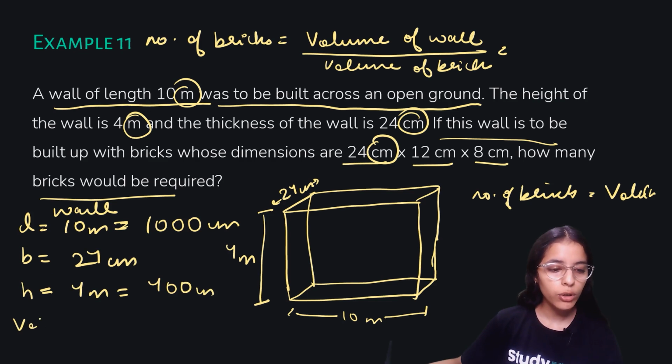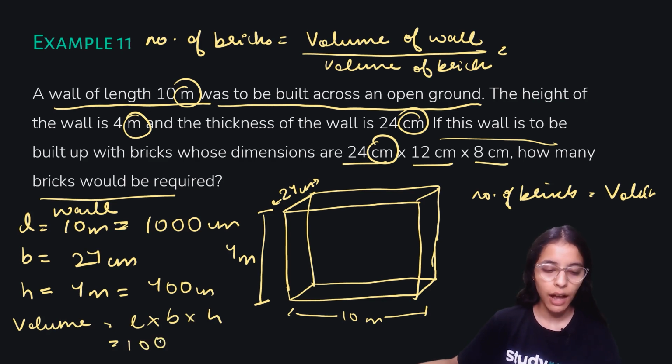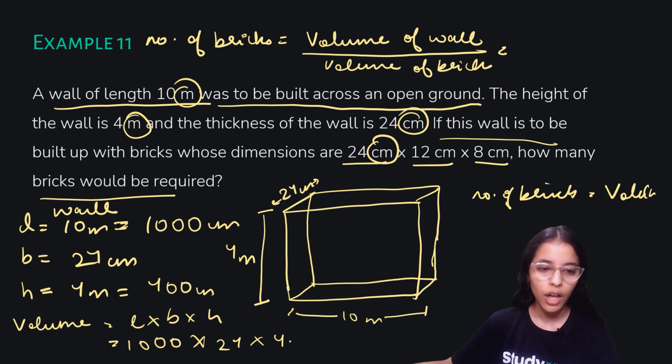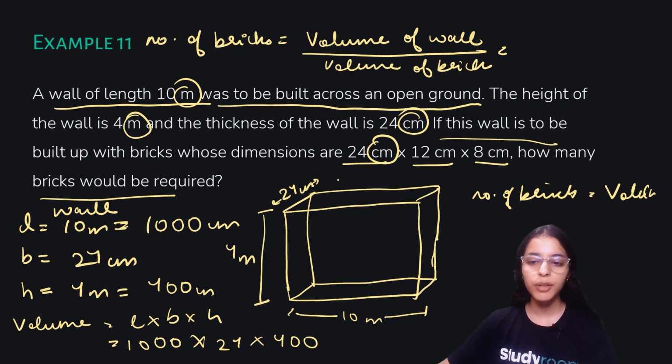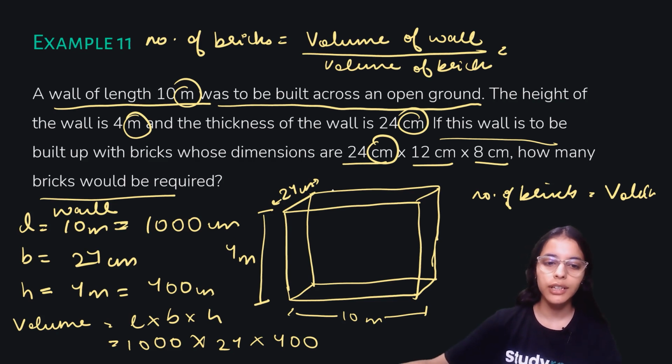Now to find the volume, we know what to do. We know it is L into B into H, and we'll simply multiply 1000 into breadth 24 into height, which is 400. When we multiply, we'll get the answer, but let us not multiply it because in previous videos also I've told you that whenever there is such a fraction coming, there is no need to multiply it.